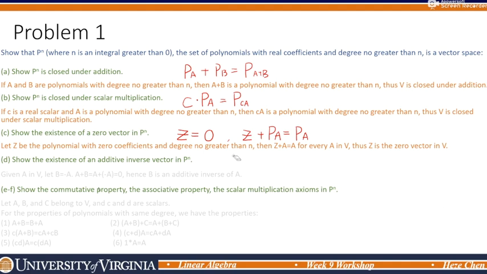D. Show the existence of an additive inverse vector in Pn. If we have a vector called Pa in V, then we have another polynomial vector Pb which is the negative of Pa.